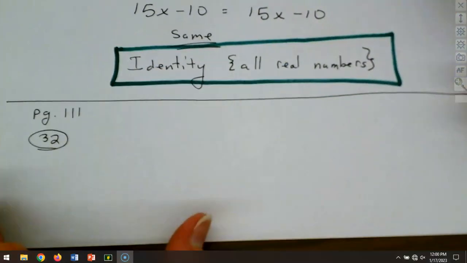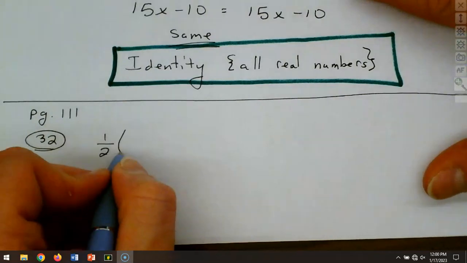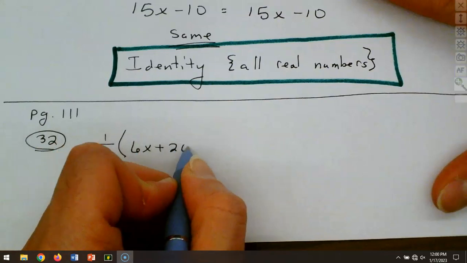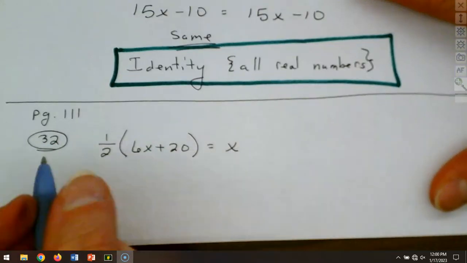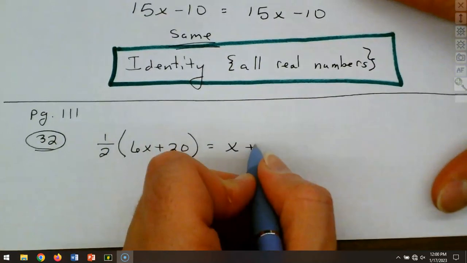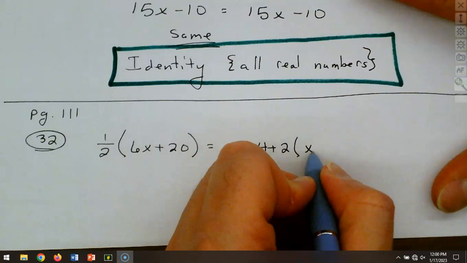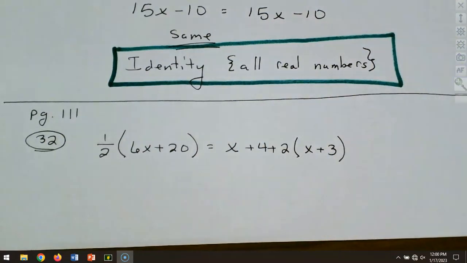Okay, so page 111, question number 32. So this is what we've got.